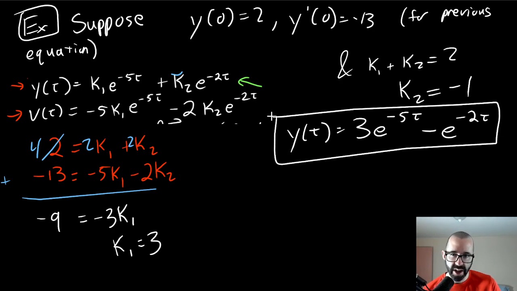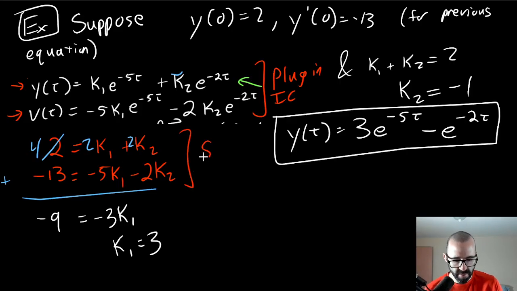That's how you solve initial value problems. You just plug initial conditions into your original solution and its derivative, and then you solve the system. Of course, you're going to have to find the general solution first.